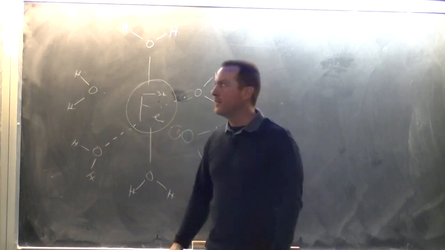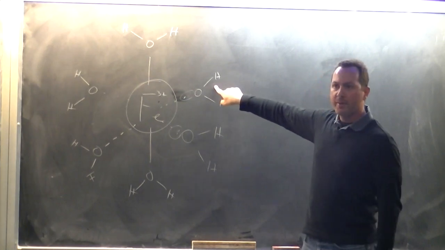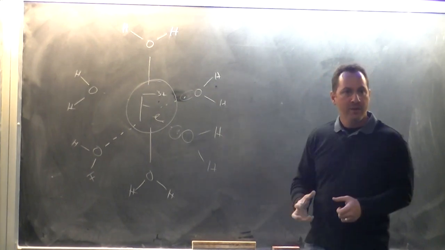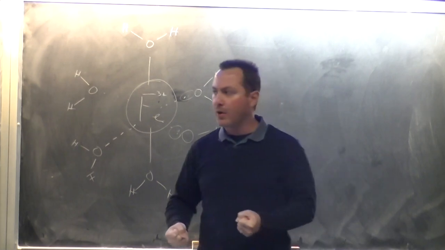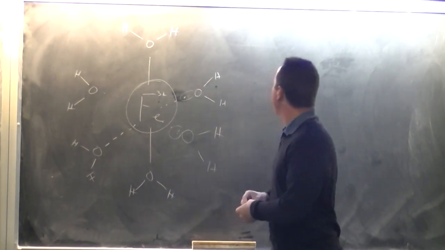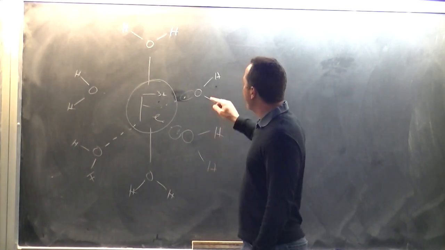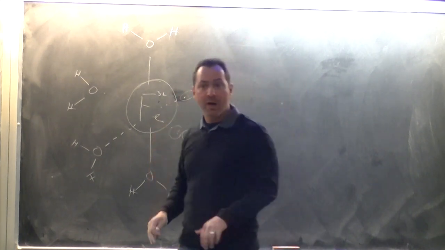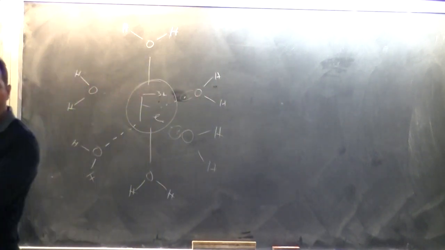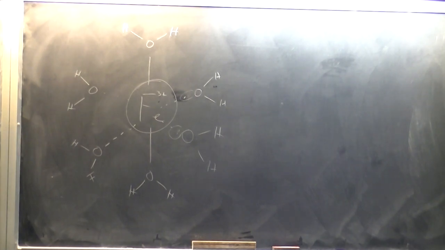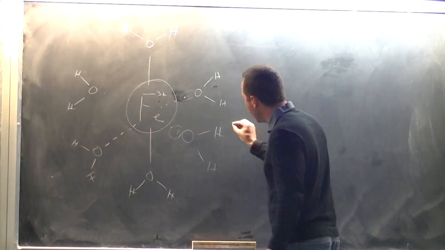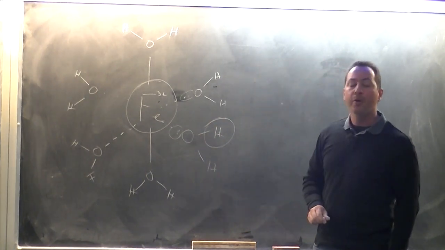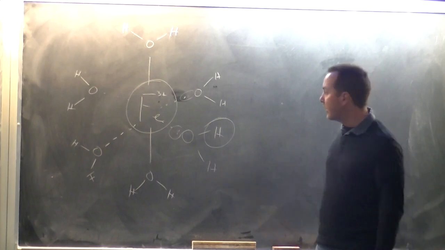And when it does that, the bond between the oxygen and the hydrogen weakens. That bond becomes weaker. And what that will produce is that one of these hydrogens will be lost. So it will transfer the hydrogen to the solvent. And that is why all these metal cations are good aqua acids. They will transfer protons from the water molecules that are coordinated to them to the solvent.